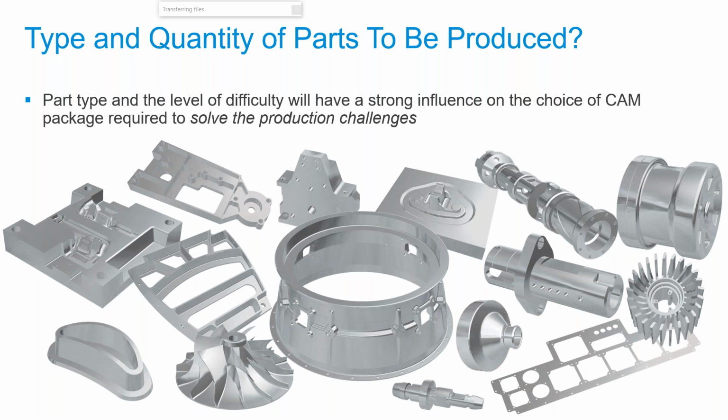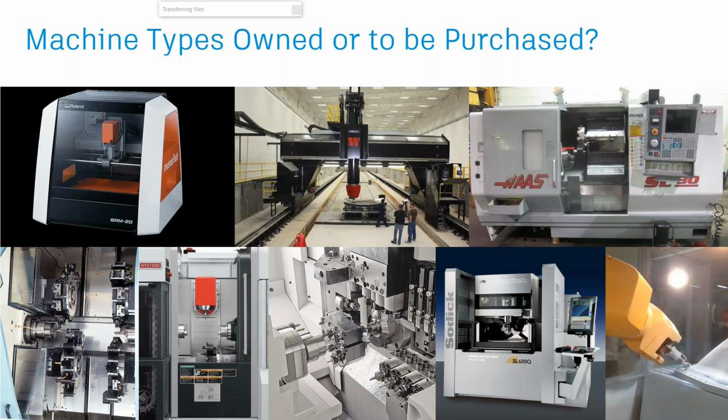Of course, we are concerned with the quality that we want to achieve with the parts we are manufacturing, and at the same time, there are instances when we are manufacturing at mass, so there is the subject of quantity as well. So there is the quality of parts as well as the quantity that we intend to manufacture. And above all, we should also consider what equipment or machine type we already have or are planning to buy for this process. These three major considerations lead us to decide what we want to do, how we want to do it, and which CAM software to choose.